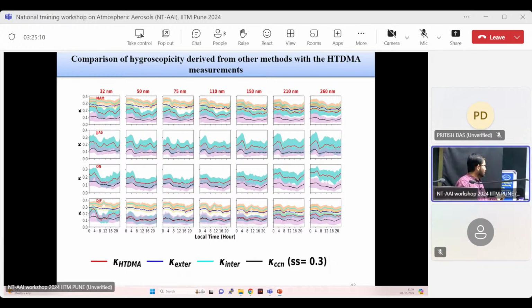Even though it's overestimating or underestimating, if you don't have any measurements of kappa, this can be the best way possible to estimate and apply for your research purposes. Okay, with a pinch of salt, you have to consider.